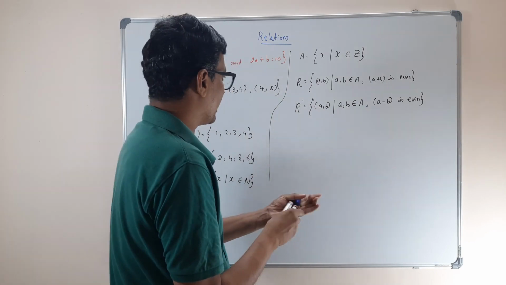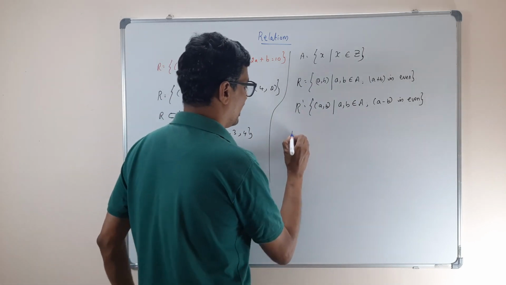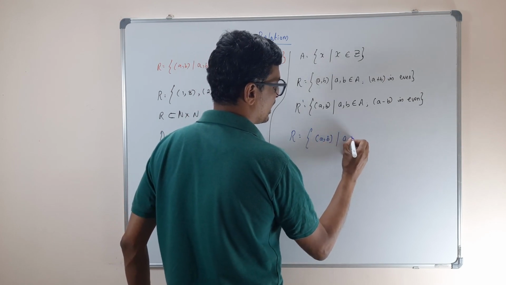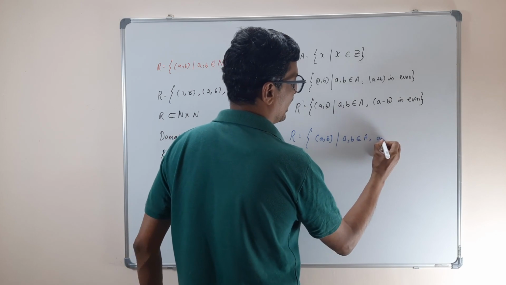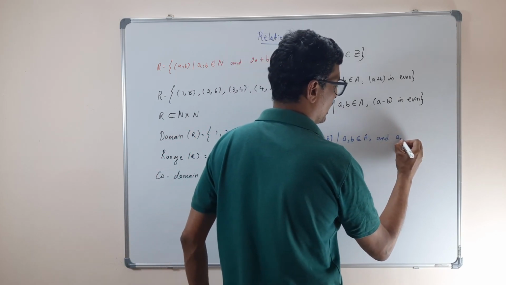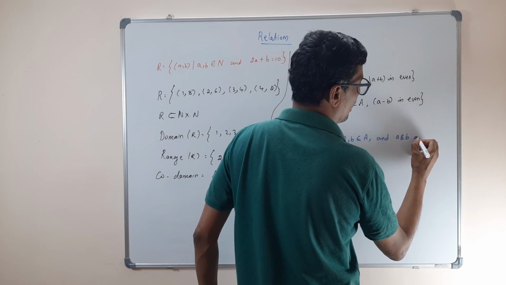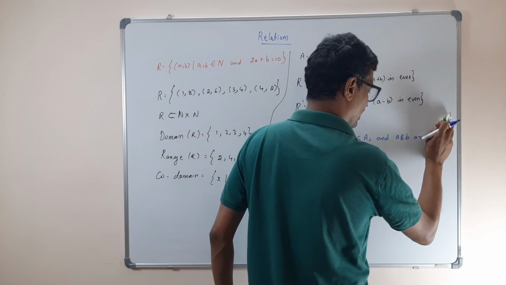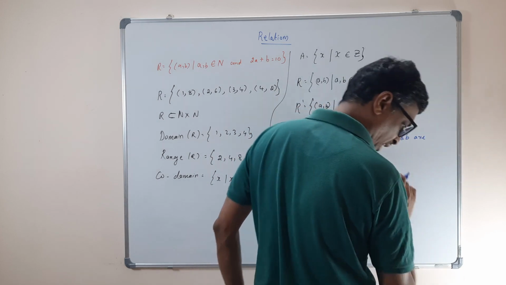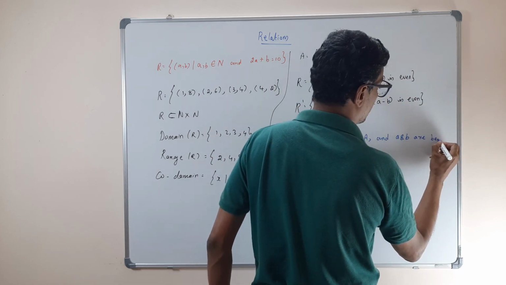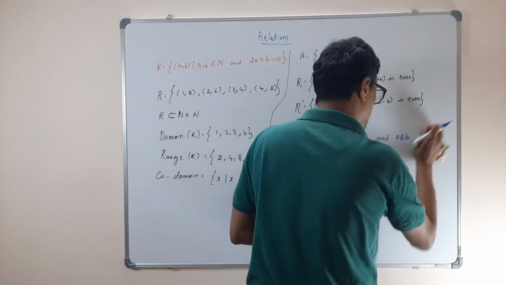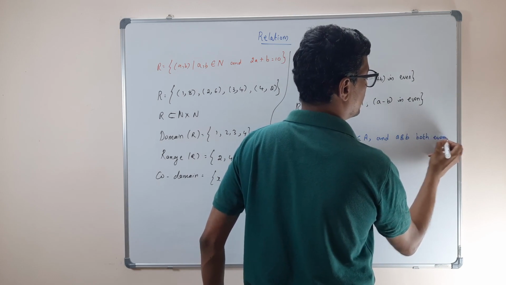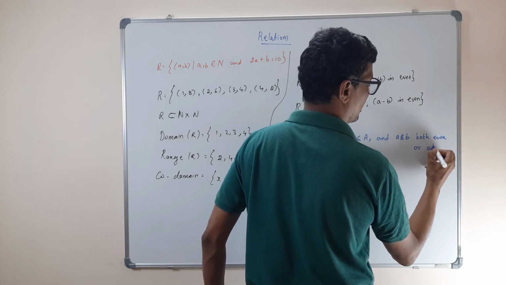Okay, so alternately I can write this relation as R is equal to {(A, B) such that (A, B) is an element of A and A and B are both even or both odd}.